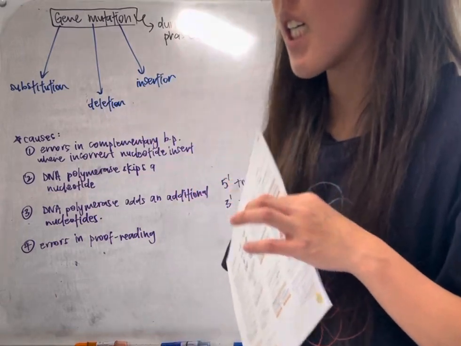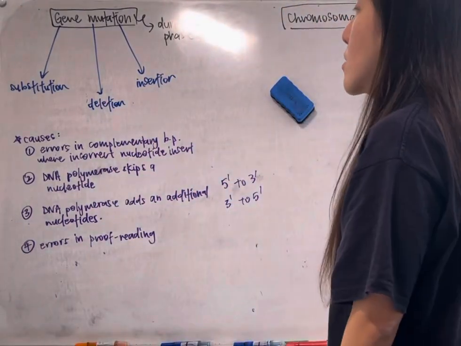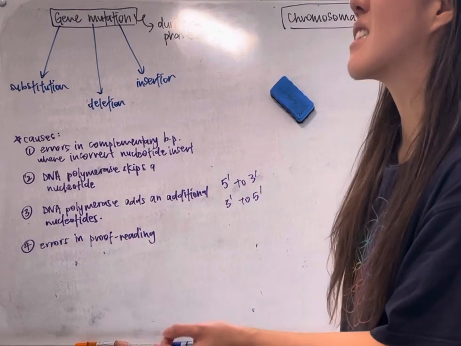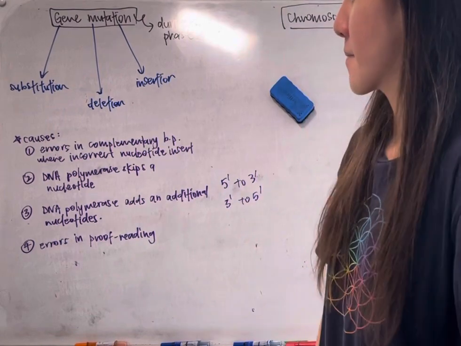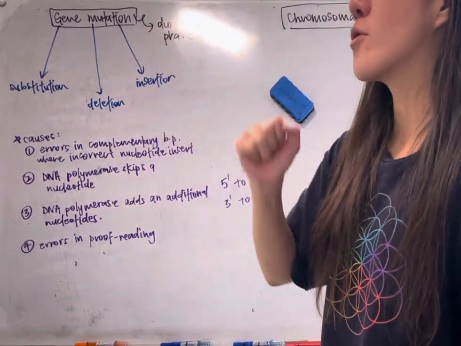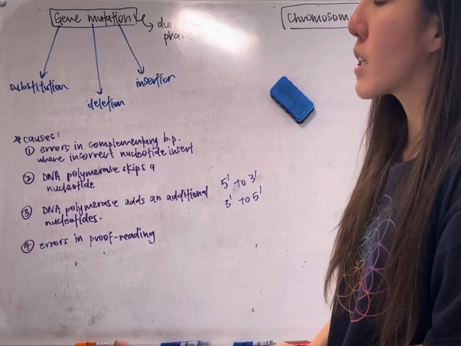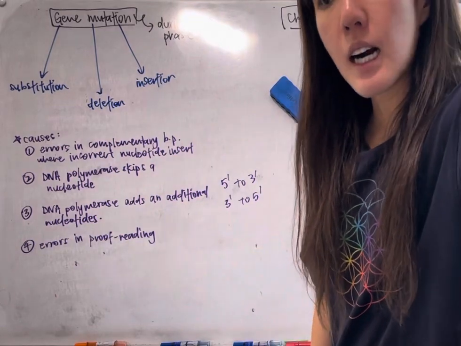Which kind of mutation is more likely to lead to a missense mutation and why? Can you tell me why? Deletion and insertion, because they tend to form what kind of mutation as a consequence?